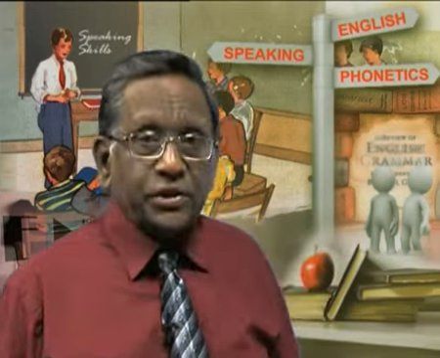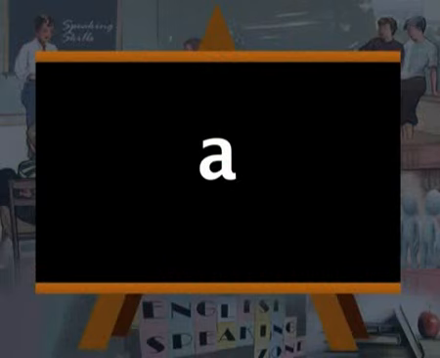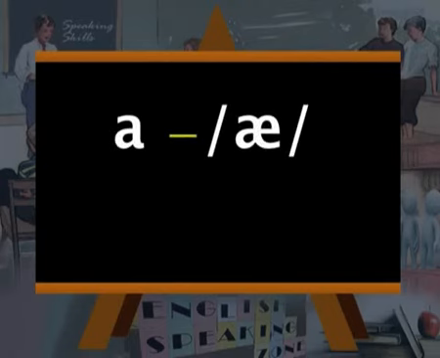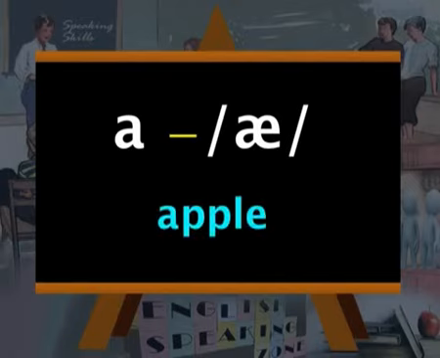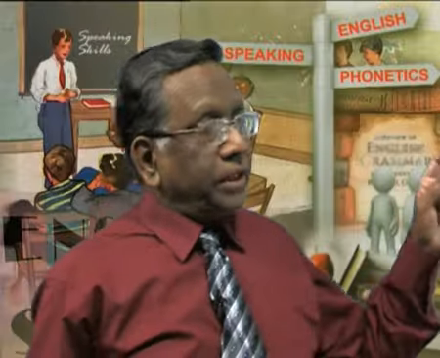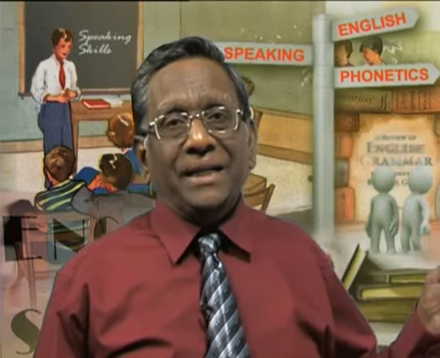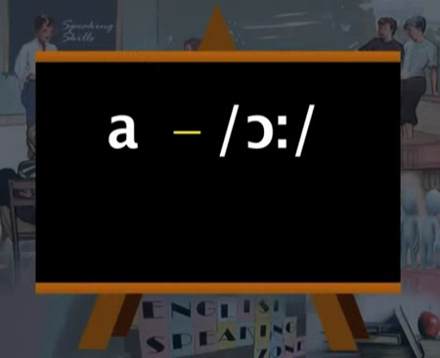If we take the case of the letter A, as we just mentioned, it reflects at least 5 different sounds in different positions. Let's take this letter, and in a word like apple, it represents the sound A in apple.